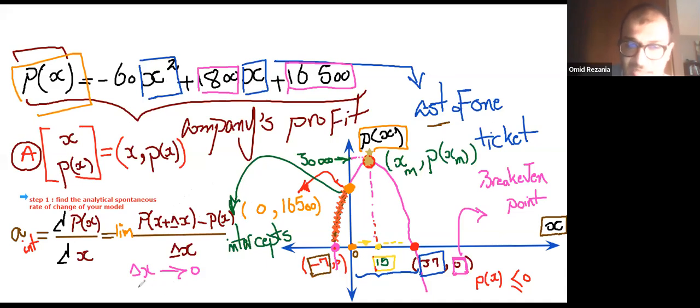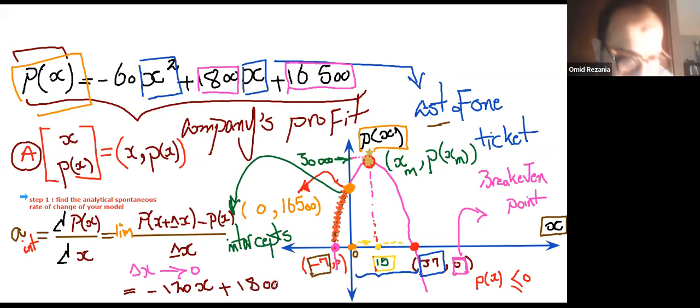Then we push delta x to 0, wherever we see delta x we put 0, then we simplify the terms. If you do this, which I'm sure you can do because we did it many times before, you get this simplified format. You get minus 120x plus 1800.